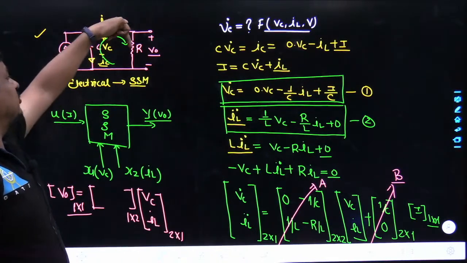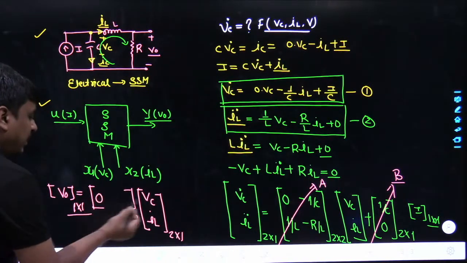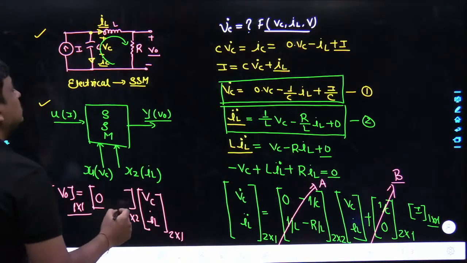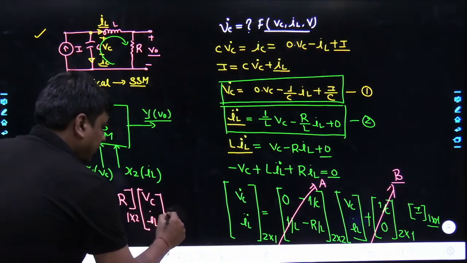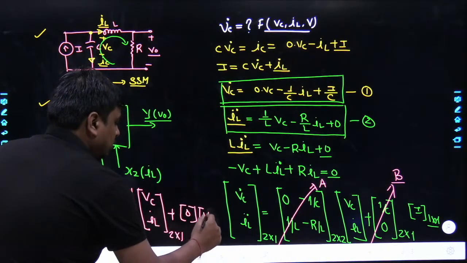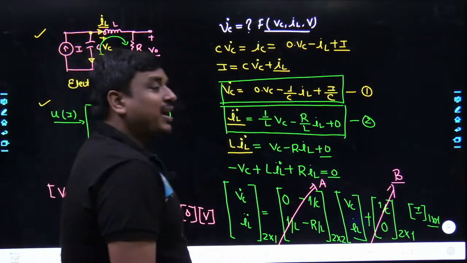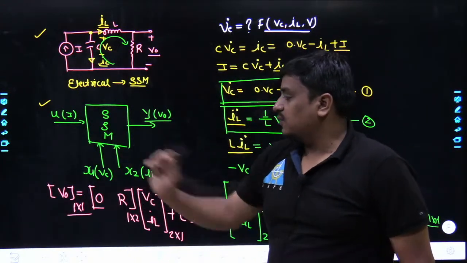So IL times R is going to decide my V0. So VC is independent, and here it's going to be just R times of IL. And if I talk about how the input is going to affect the output, no. First the input has decided the value of IL. Now the IL is going to decide the value of V0.